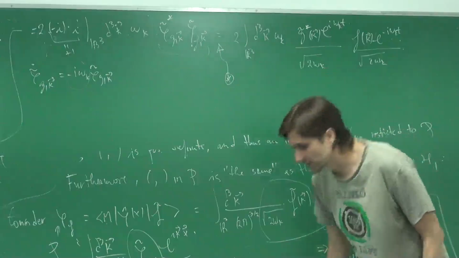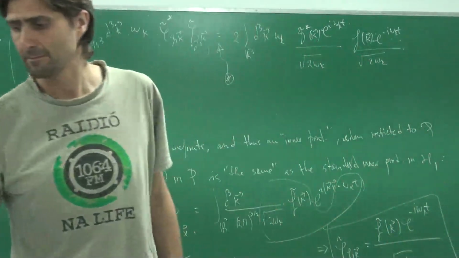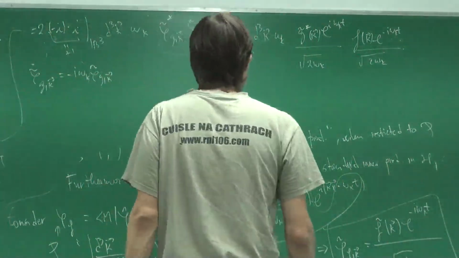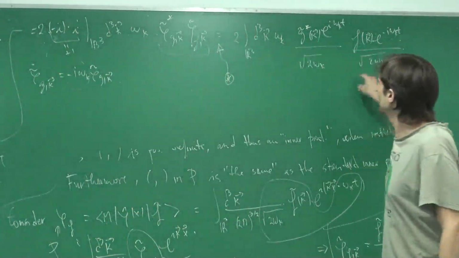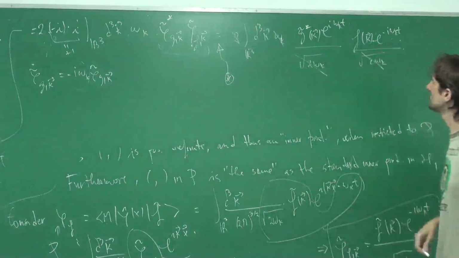I've written in the star equation both for f and for g. Okay, 2 omega k. Omega k is positive, so you can do this.